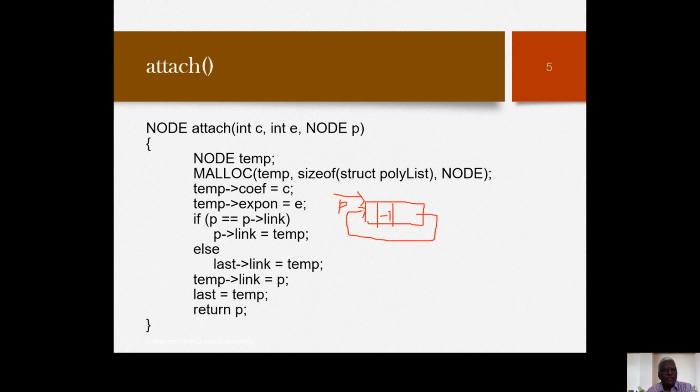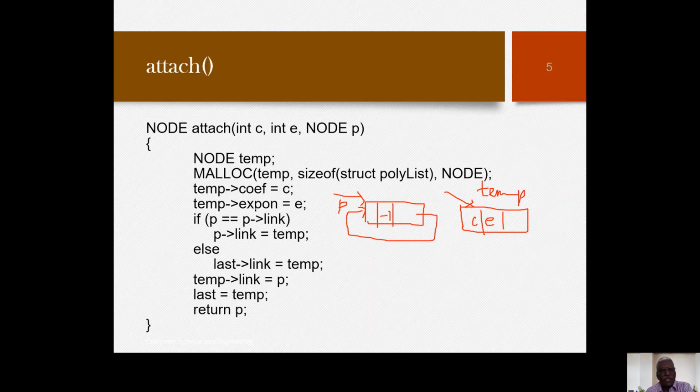Now my new node temp will be allocated in order to attach. Now temp is here. This is my temp. Okay, now I put this coefficient and exponent.